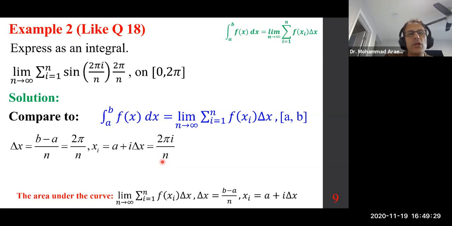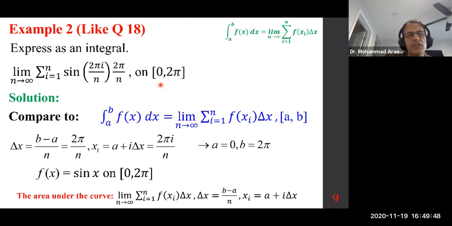And we know a is 0. And we know delta x is 2 pi over n. So a is 0, b is 2 pi. We already know that. And so f of x is a function sine between 0 and 2 pi.